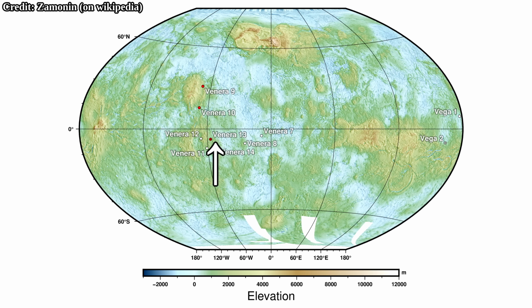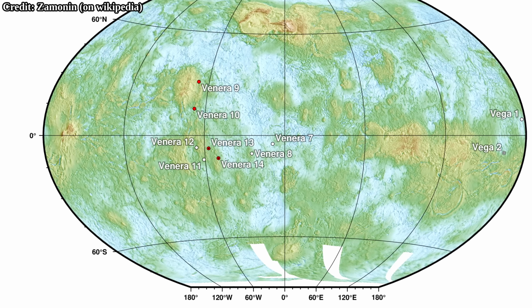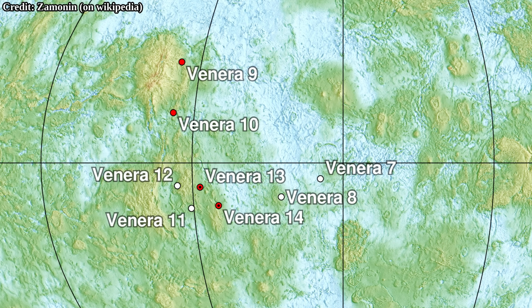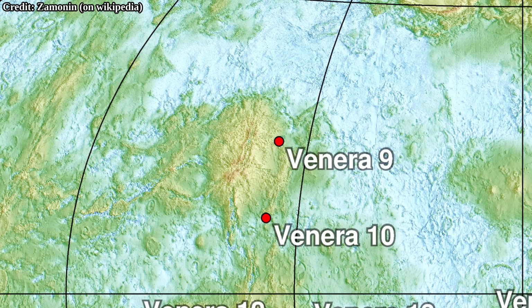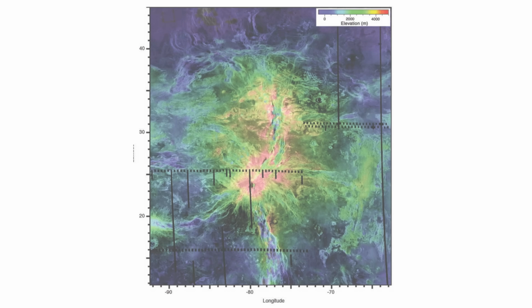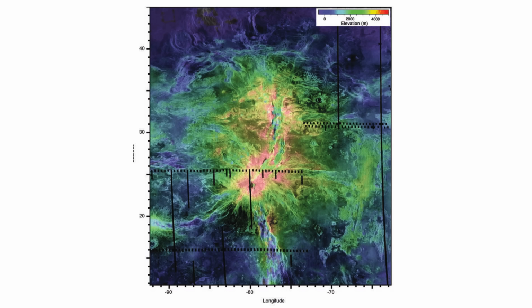As we can see, all of them are close to the equator. Of the Venera landers that returned good images from the surface of Venus, only the Venera 9 images are somewhat from a pseudocontinent. This pseudocontinent region, called Beta, is essentially a giant shield volcano, or rather two of them. Close to its center, it contains these two peaks, Rhea and Theia, which are about 6 kilometers above the mean radius.